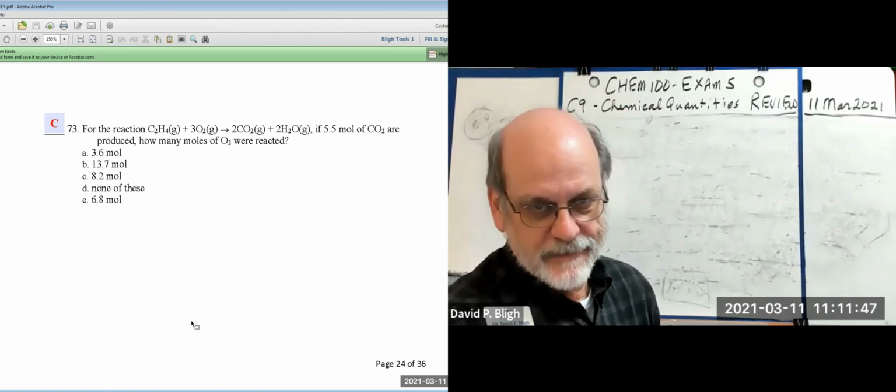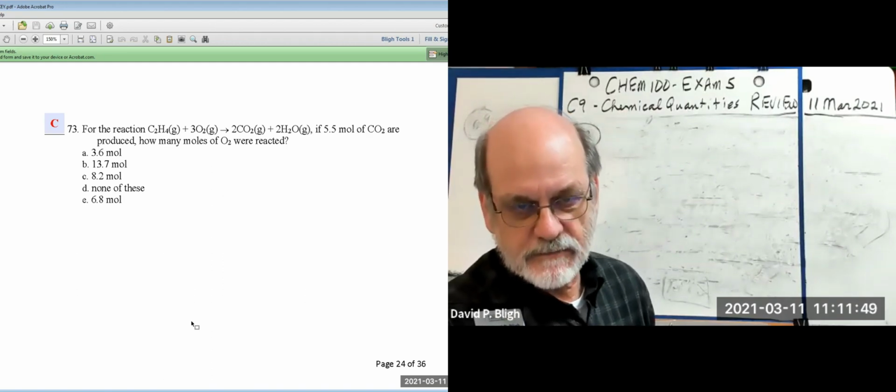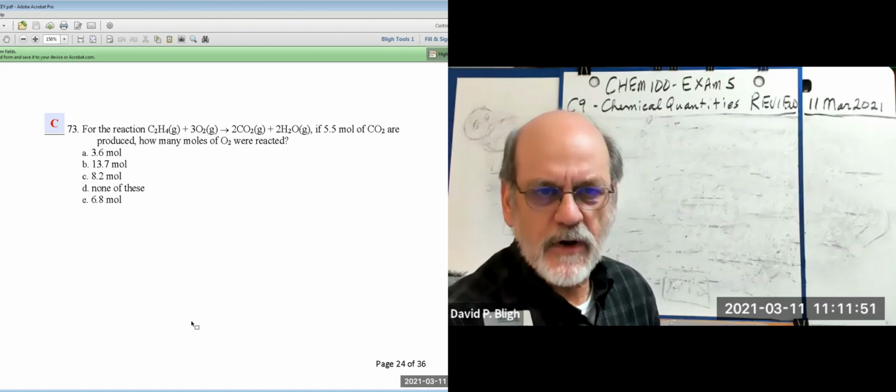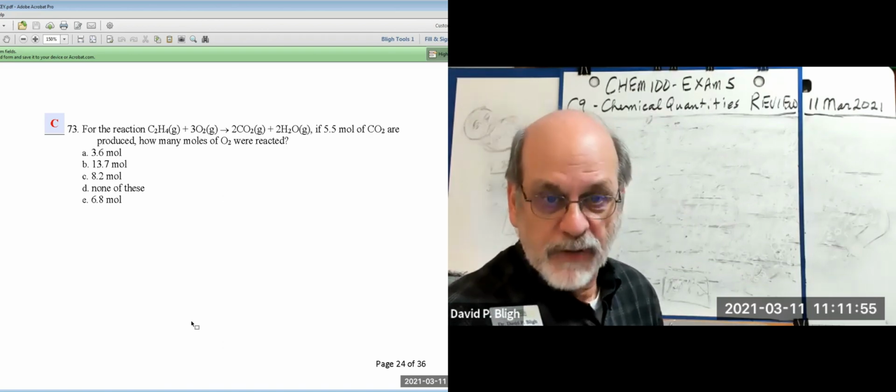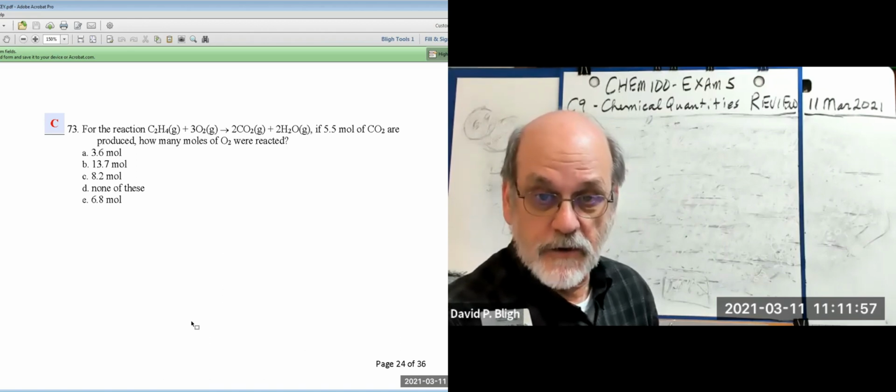You don't know what that is. That's ethylene, sometimes called ethene, plus oxygen yields carbon dioxide and water.